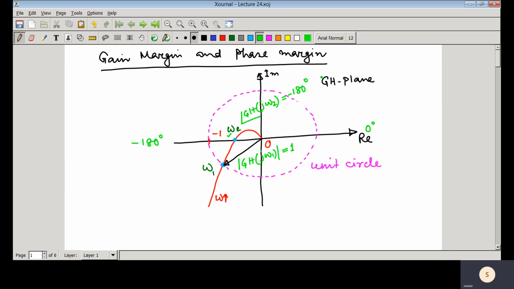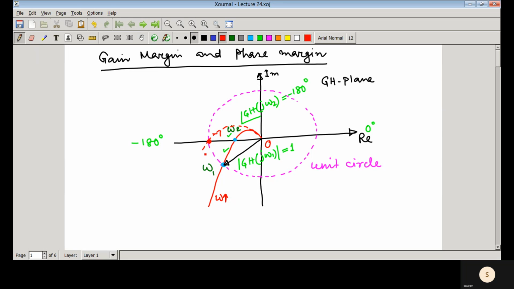The reason is, from the Nyquist stability criterion, we know that the closed loop system would be stable whenever the number of encirclements is equal to the number of poles of the open loop transfer function in the right half of the S plane. So if this Nyquist plot is very close to the critical point, then the number of encirclements would be different if we give a little perturbation to the system. Suppose we change the gain of the system.